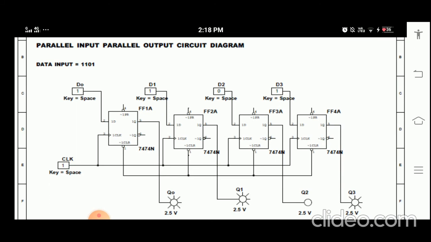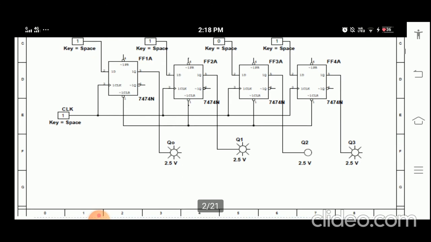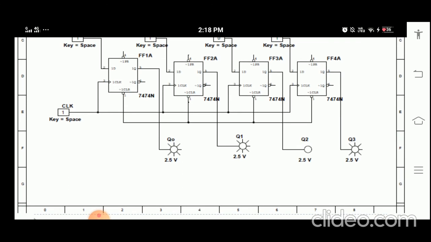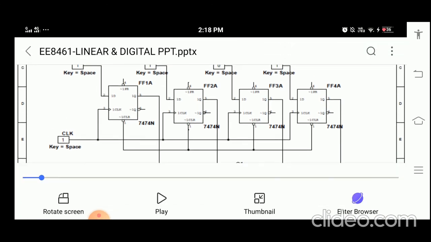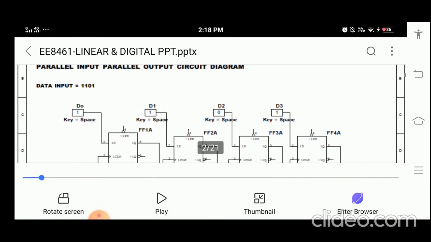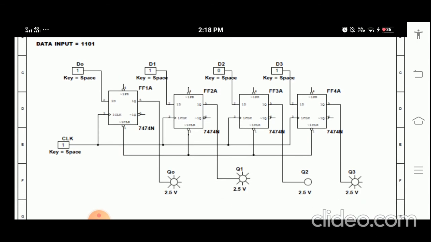Q0, Q1 and Q3 will blink as per our truth table. This is how we can implement our circuit diagram in Multisim software or in our IC trainer kit.